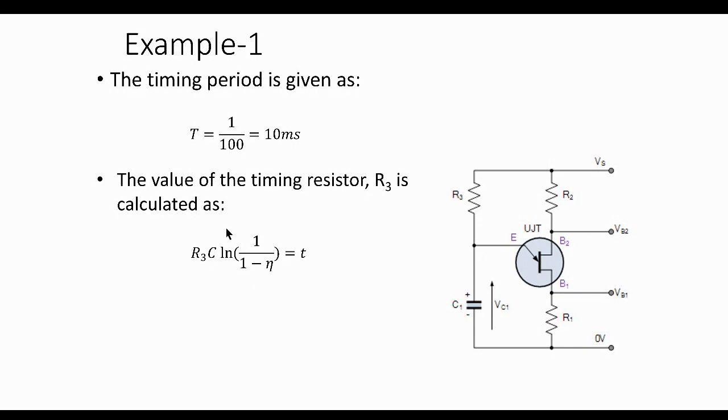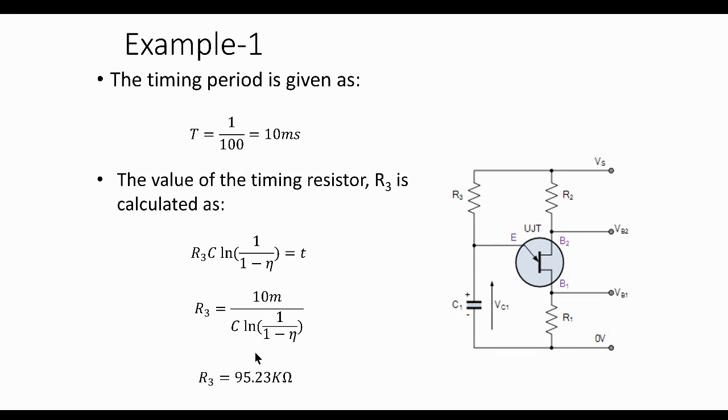So this is the expression for the relaxation oscillator. So R3 multiplied by C, this is R3, and this is the capacitance we're making reference to. This combination gives us a time constant, and it's into natural logarithm of the reciprocal of 1 minus the intrinsic standoff ratio. So substituting those values, we can work out what R3 is.